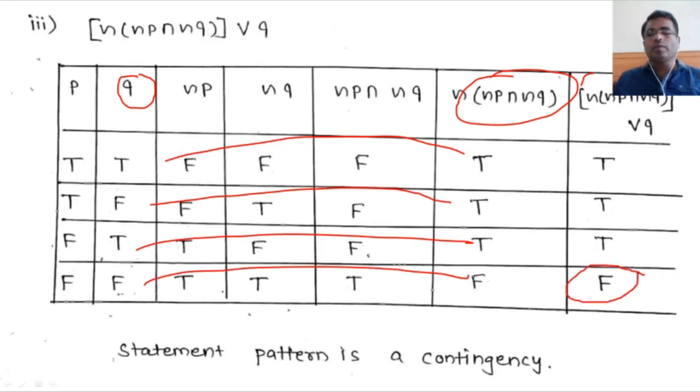So you will observe that this contains neither all T's nor all F's, therefore it is neither a tautology nor a contradiction, and therefore it is a contingent statement or contingency.